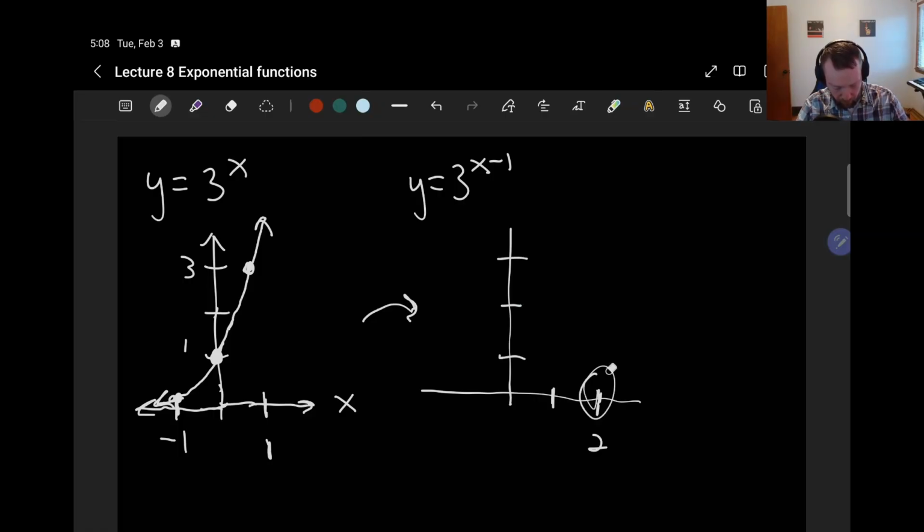So now I have the point 2, 3. And the point 1, 0. Or excuse me, 1, 1. And a height of 1/3 here. So I just shifted 1 unit to the right.